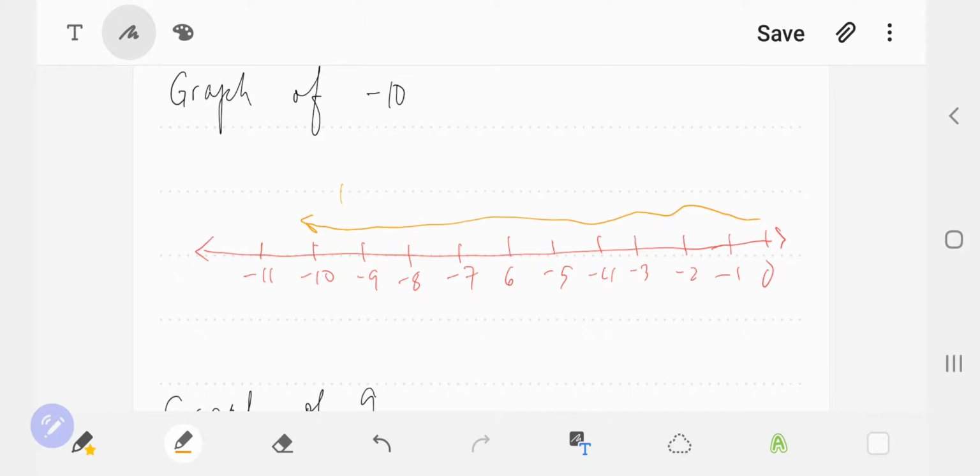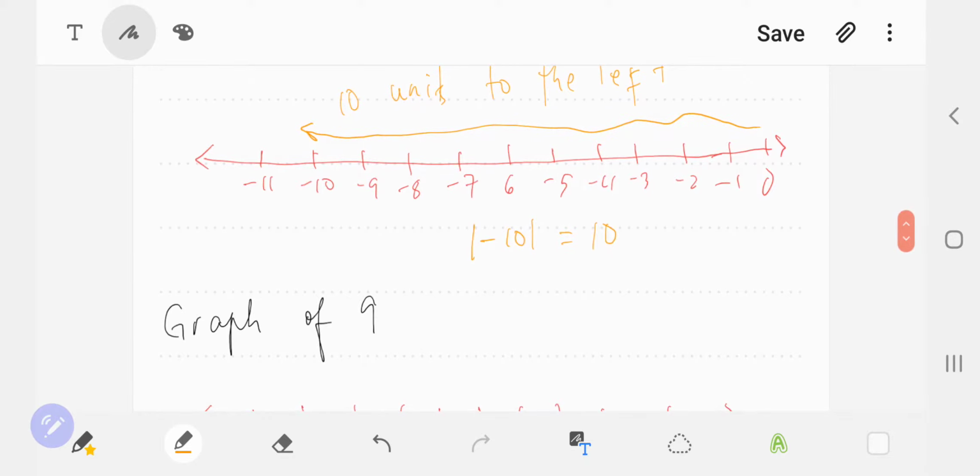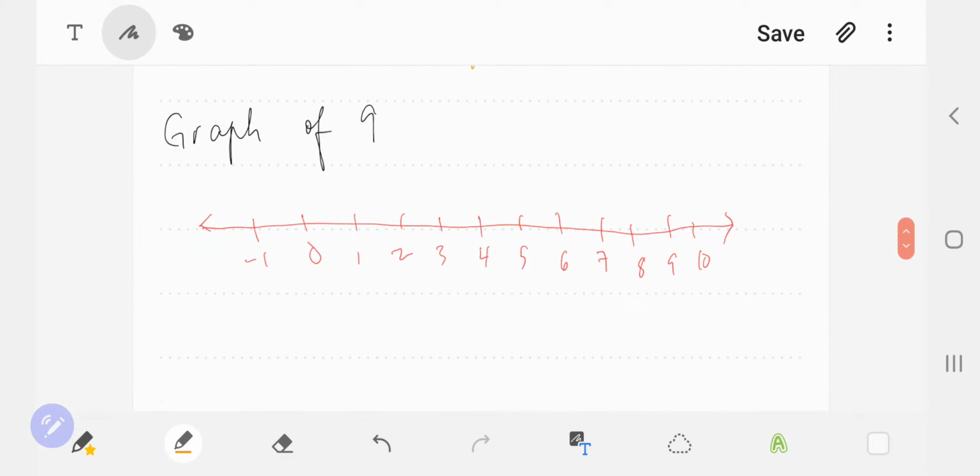So that's 10 units to the left of 0. So if I would write that, it would be the absolute value of negative 10 equals positive 10. Again, guys, the answer is always positive because we're dealing with distance of a number from 0.